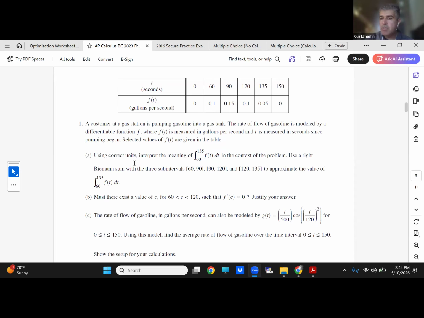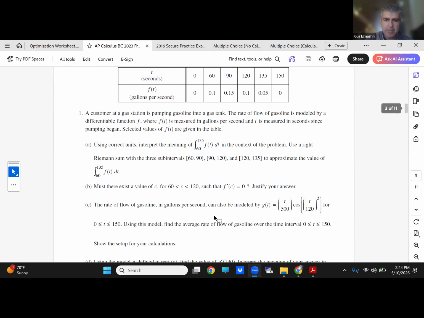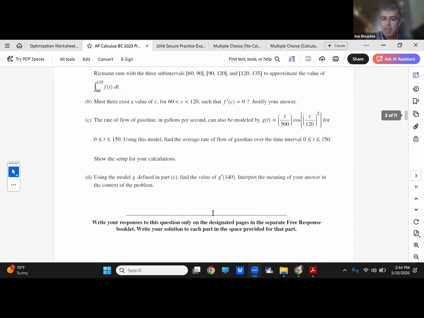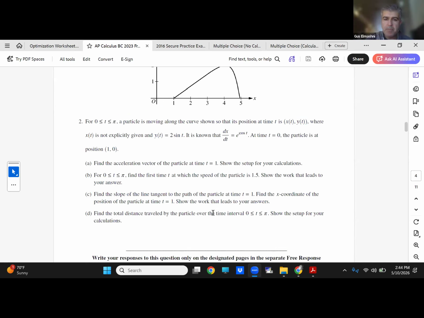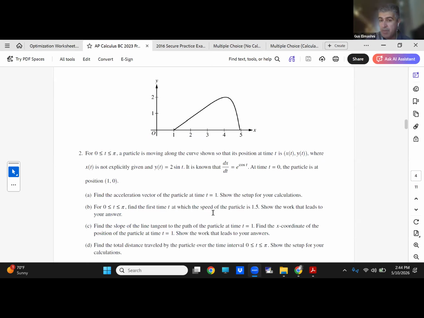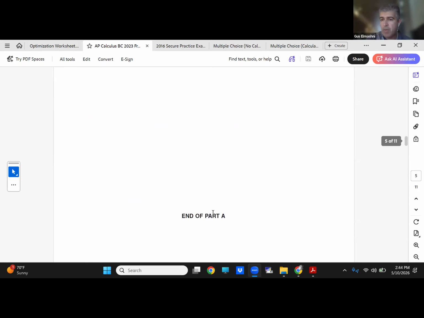So you see this one here. We'll do this later. This is rate in, rate out. You're pumping stuff in, and more pumping in, I guess. Anyhow, this is linear motion, but a more BC-specific question. We'll talk about that if you guys stick around for the BC portion.